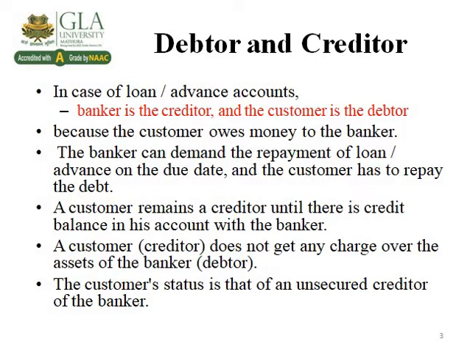One most important thing is the last line, that the customer's status is that of an unsecured creditor of the banker. And why are we saying that the customer's status is unsecured creditor? Because whenever the customer is taking a loan from the bank, he or she is depositing some kind of collateral to the bank.